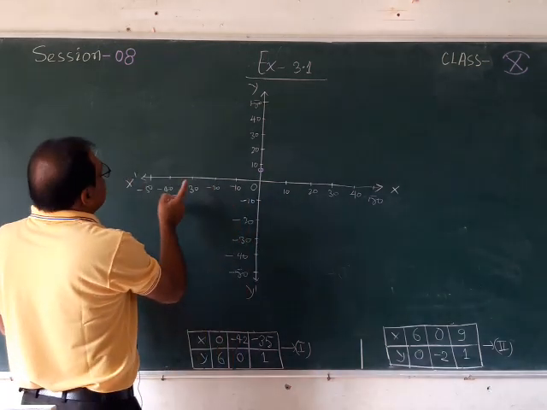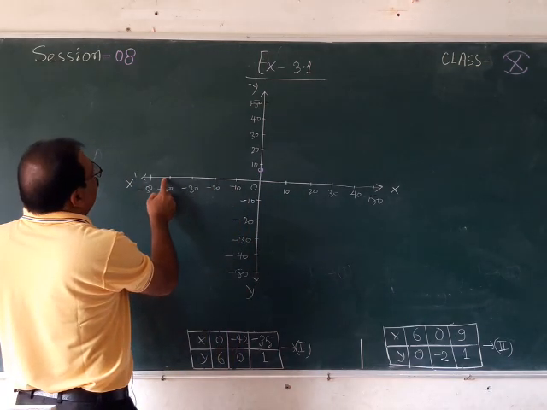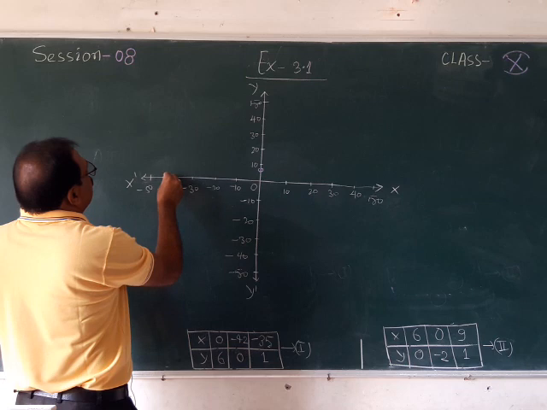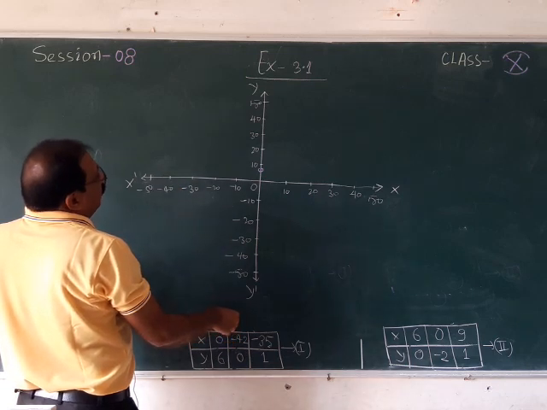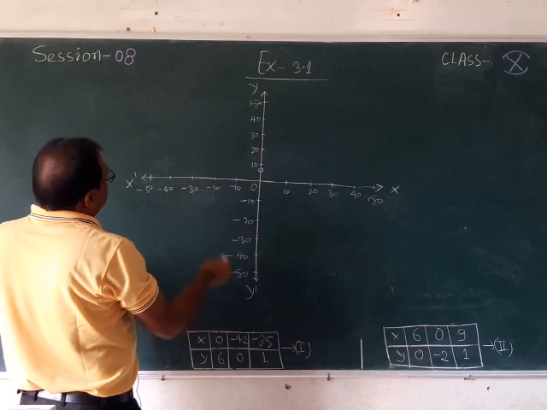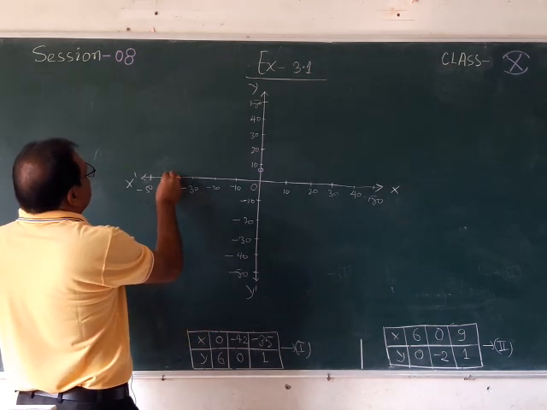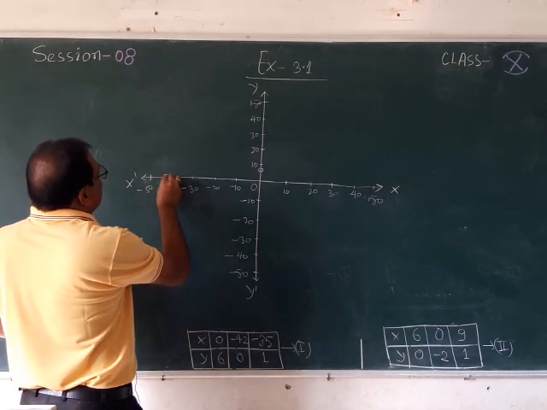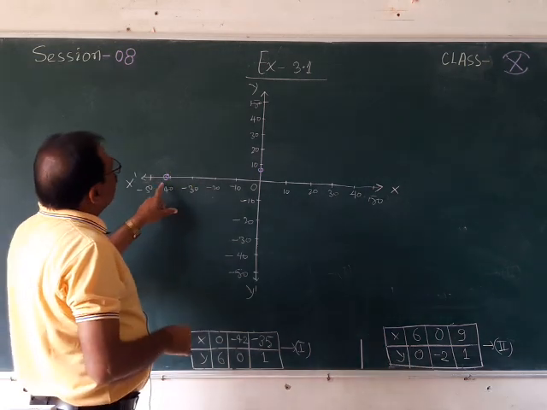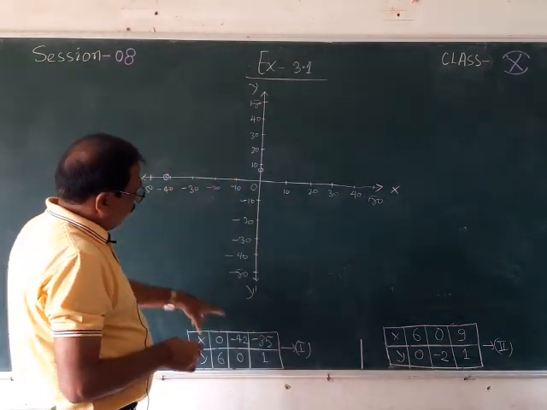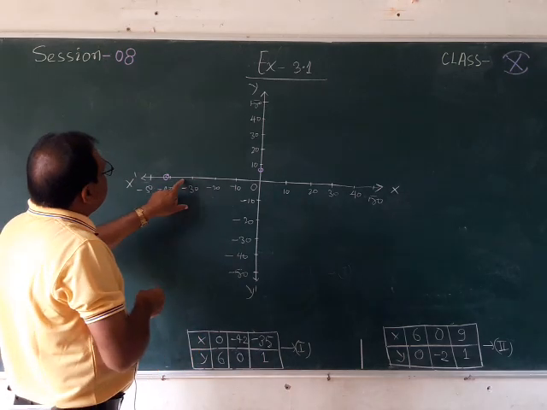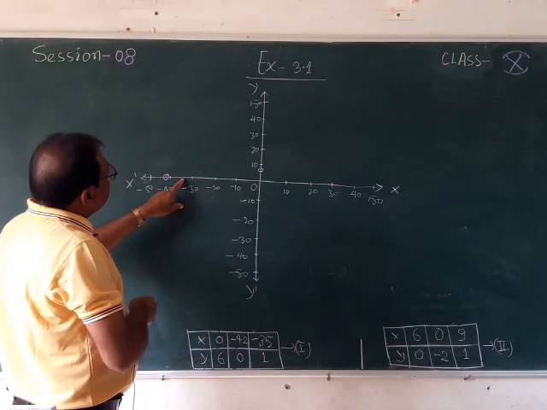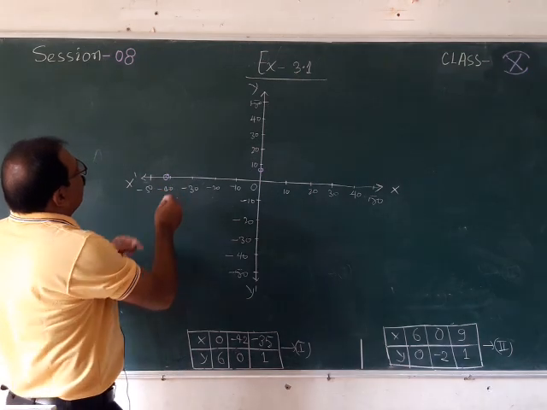That means x is minus 42, after 40 the point will come at 42. Suppose x is minus 42 then y is 0. That means the point is coming here itself on the graph line. Then if x is minus 35, then y is 1.